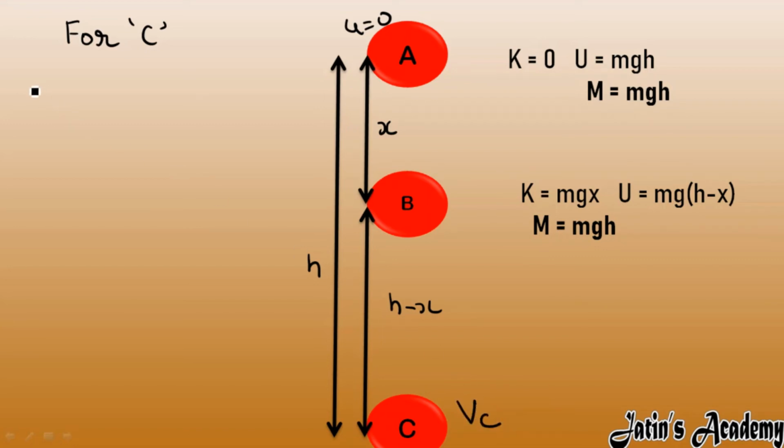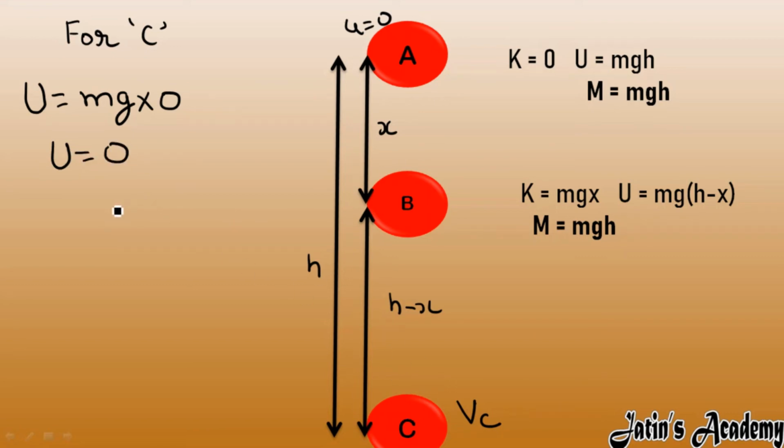First calculate the potential energy, mgh. What is h? The ball is on the ground, very near to the ground, so the height is 0. So the potential energy at point C is 0.